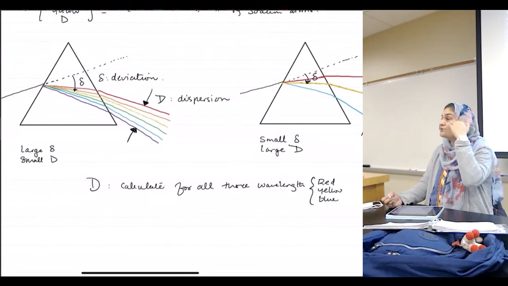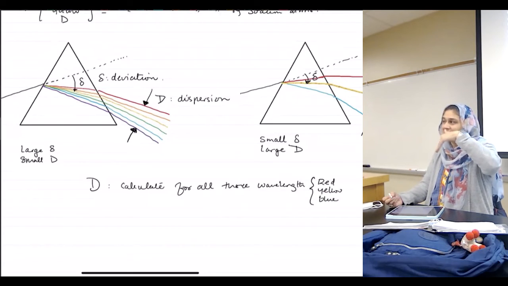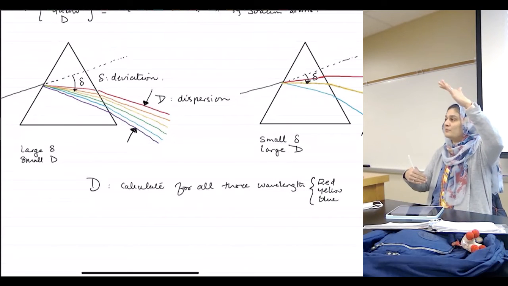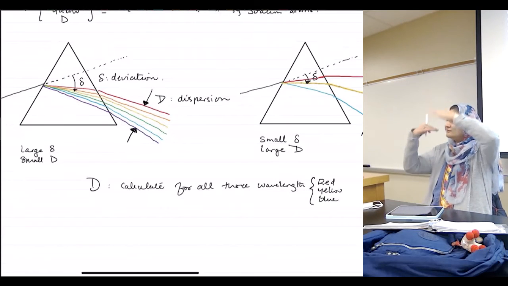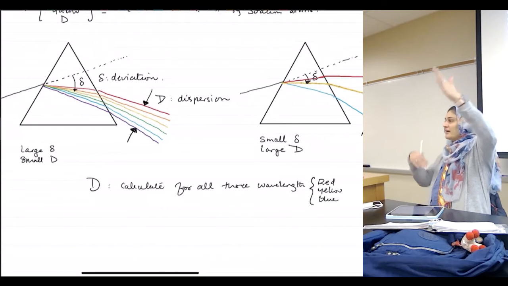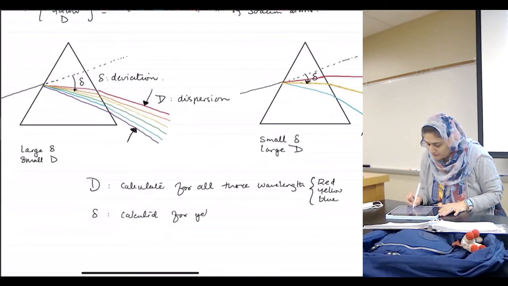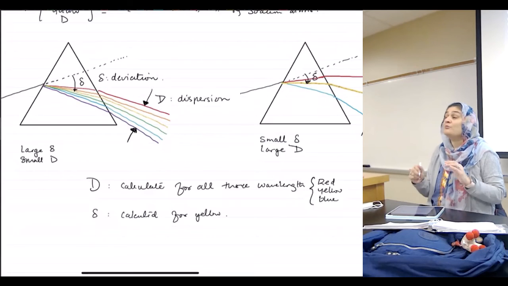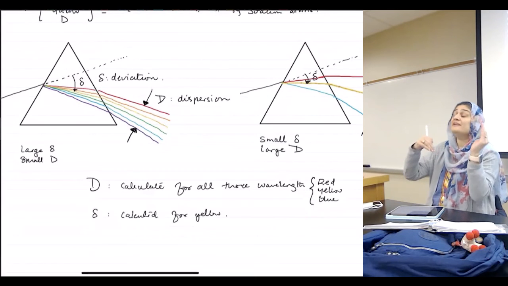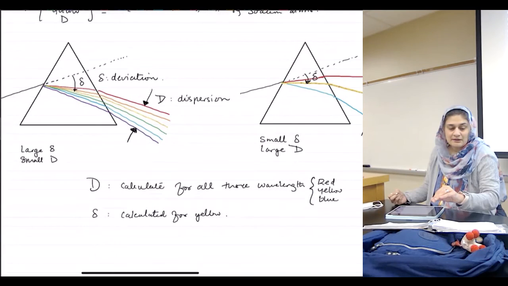Because our eyes are tuned to what color? Yellow. And then red, we can see the best. And then violet becomes a little bit more difficult, so we just choose blue. We know it's far enough away from red and yellow that we don't have to go all the way down to violet. And then for delta, calculated for yellow. It's how much yellow deviated from the original.